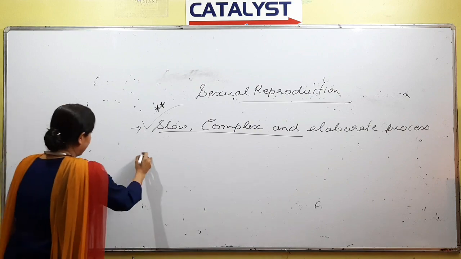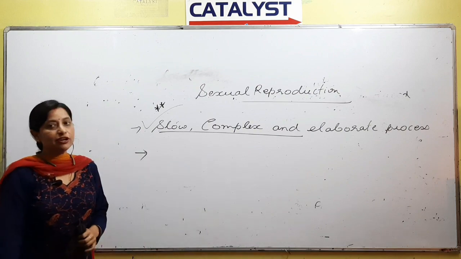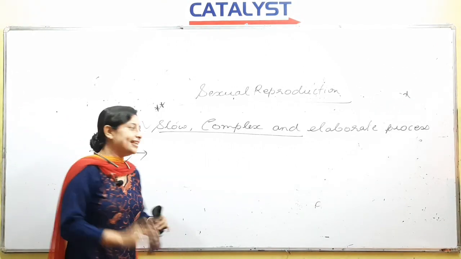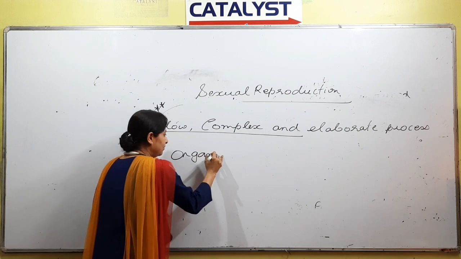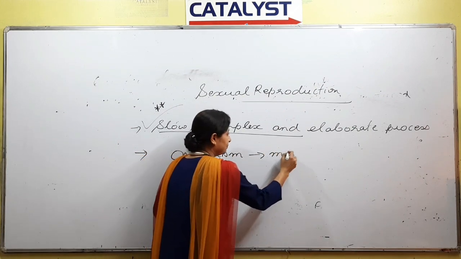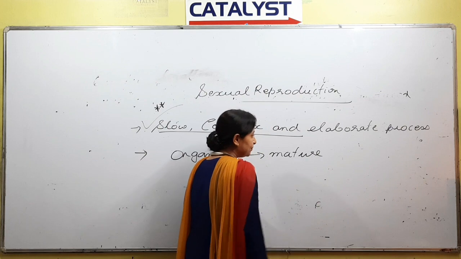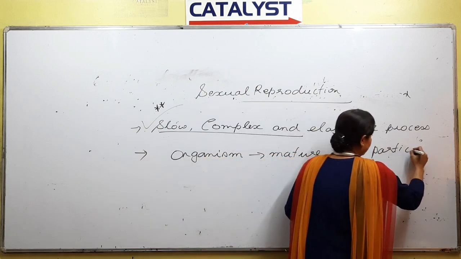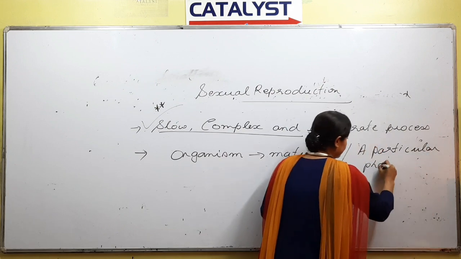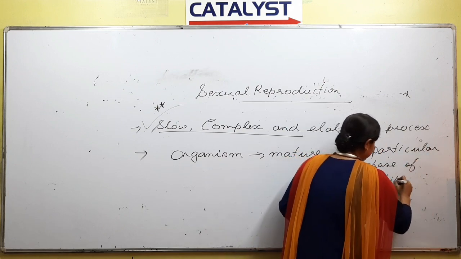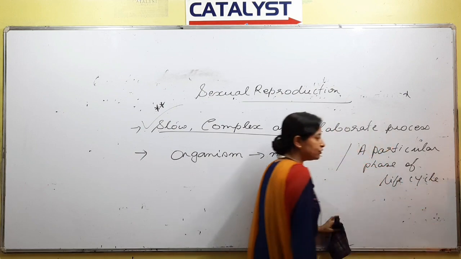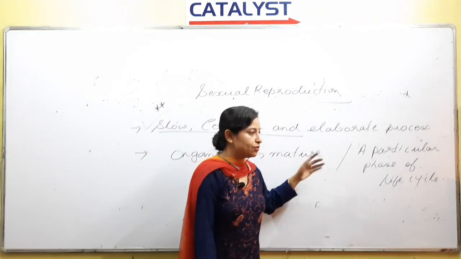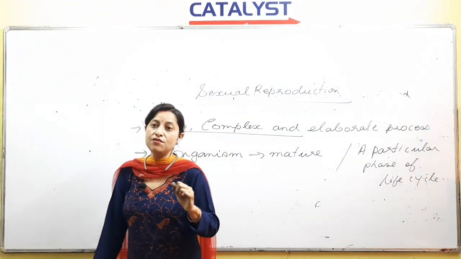Next, for an organism to undergo sexual reproduction, it has to be mature. It should attain a particular phase of the life cycle. So the organism sexually reproduces only when it is mature, when it attains maturity. And what is maturity? It is nothing but a phase of the life cycle.